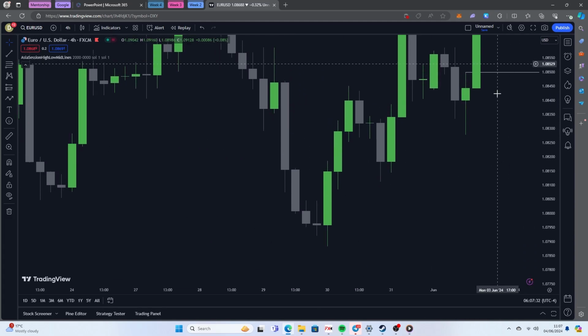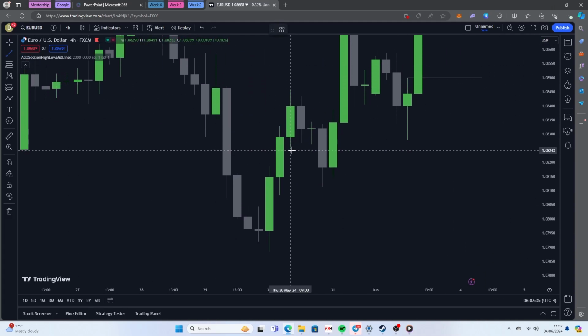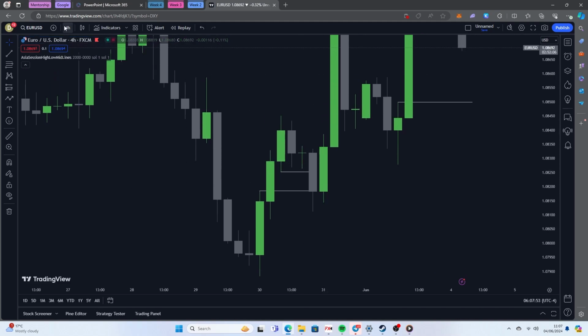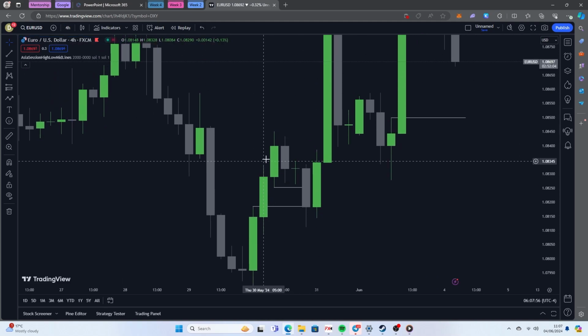So let's draw this out. This has been respected. As you can see from the wick, we close at it pretty much, and then we move away. And after this candle, you can be fairly certain that we're respecting bullish arrays.